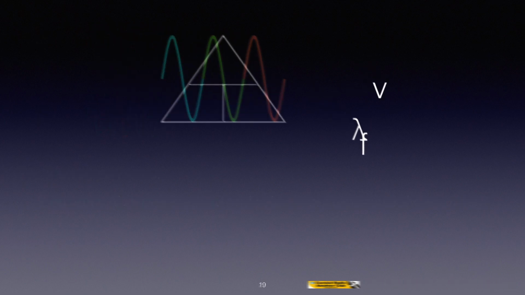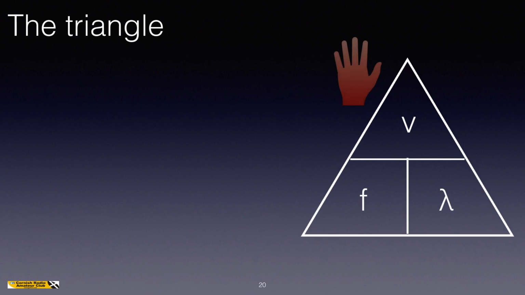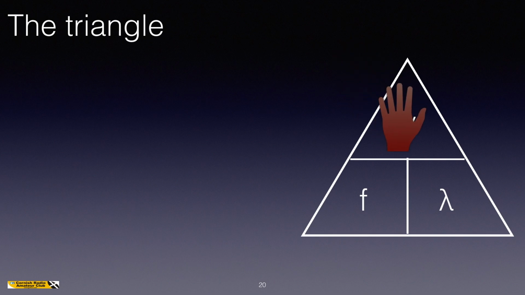Now, like all of these 3 variable equations, a bit like V equals IR, I equals V over R, and R equals V over I, we can use the triangle to solve for any of the 3 variables. So a bit like Ohm's law triangle and the power triangle, here we've got the frequency and wavelength triangle. So let's try them out then.